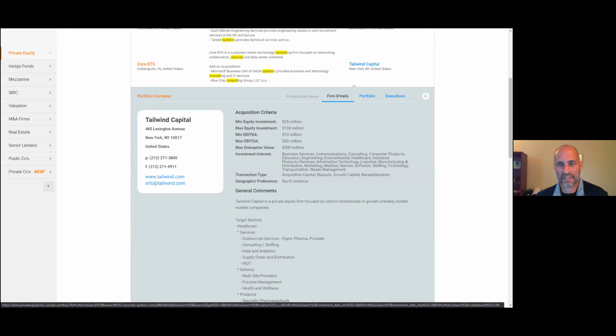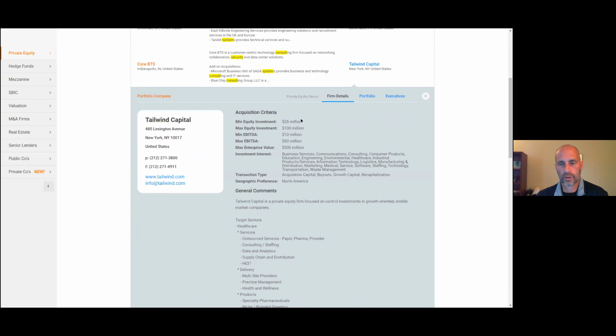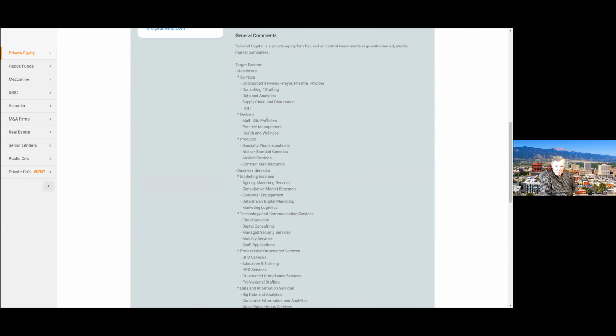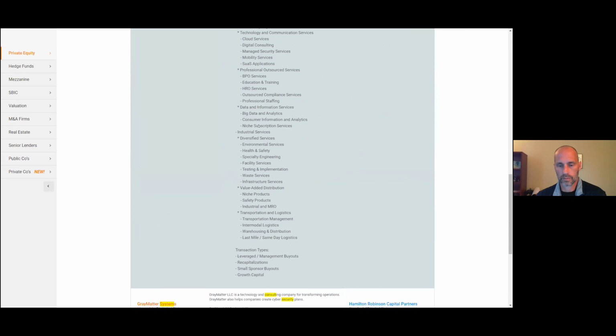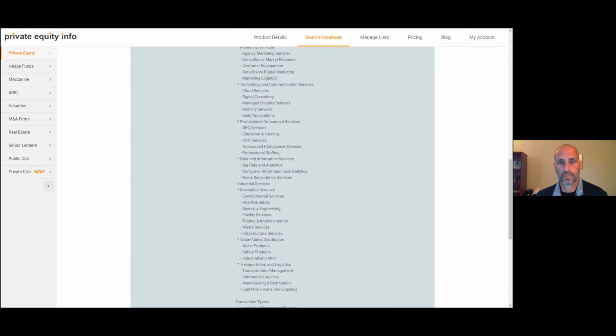Yes. Now, keep in mind, like I said before, these acquisition criteria are for platforms. Platform. Yep. So, for add-ons it's worth contacting them. Mm-hmm. And you can take the time on your own to go through the whole list of things here, but they're into data information services, I see.